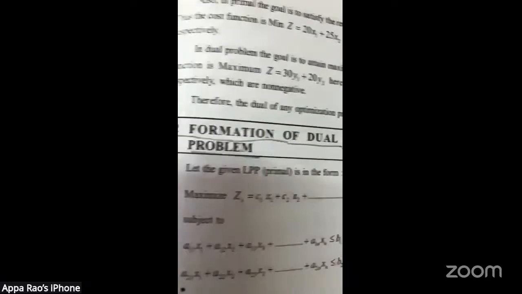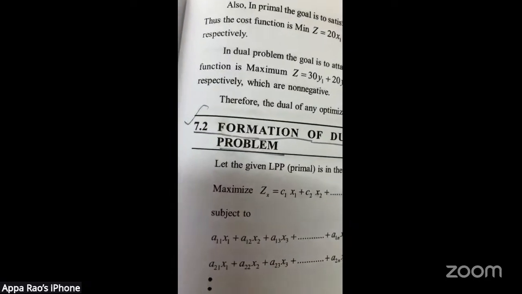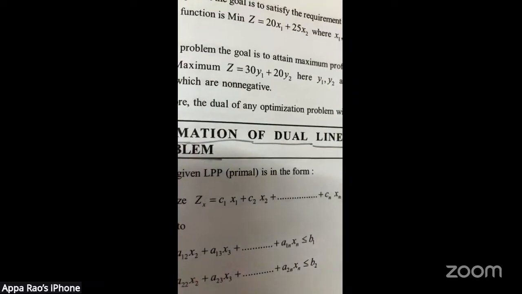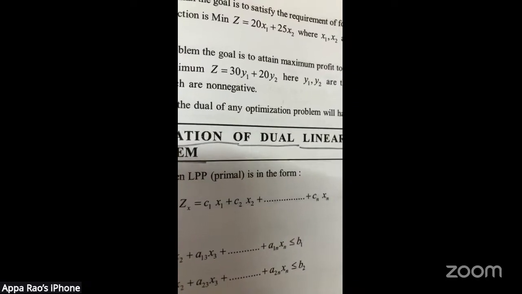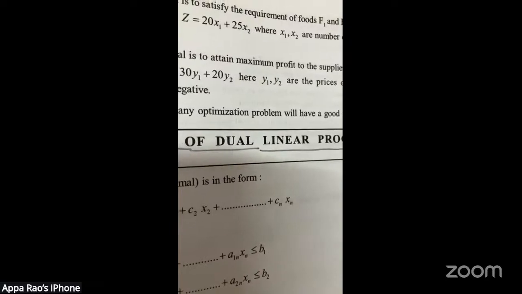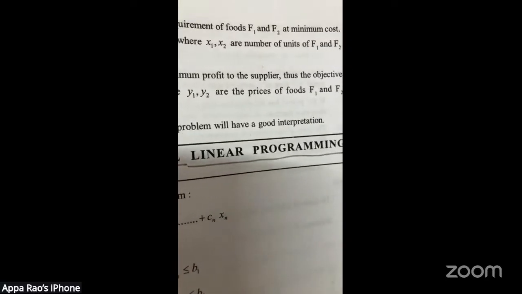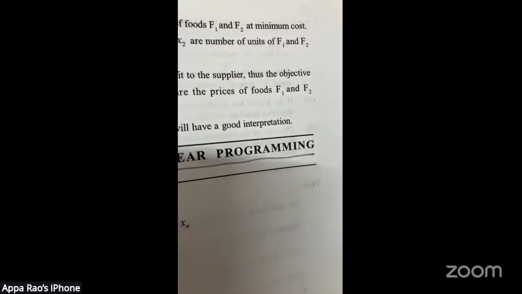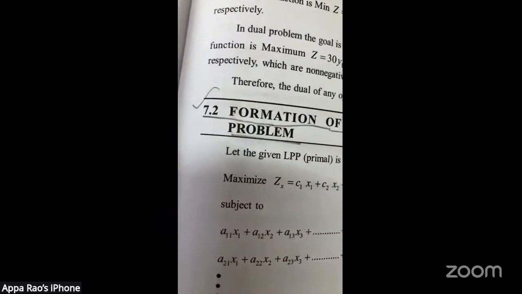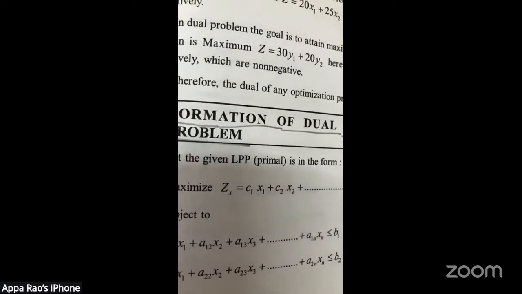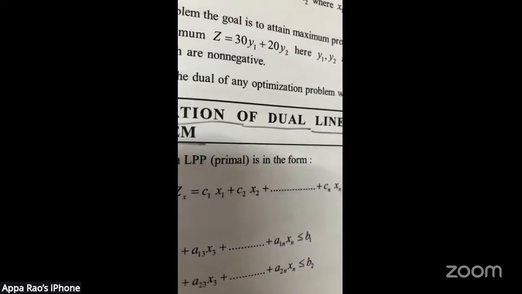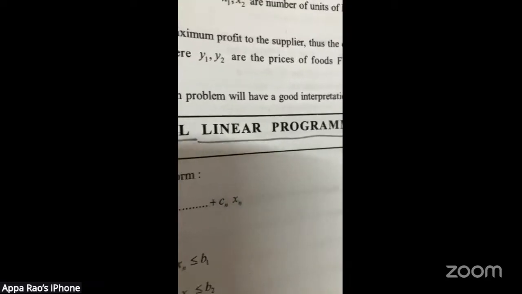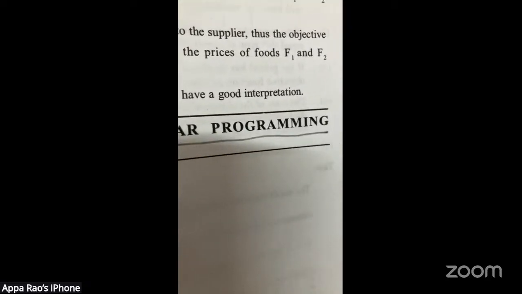Thus the objective function is maximize Z equal to 30y1 plus 20y2. Here y1, y2 are the prices of the vitamins, which are non-negative. Therefore, the dual of any optimization problem will have a good interpretation.